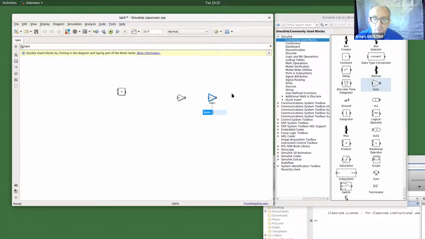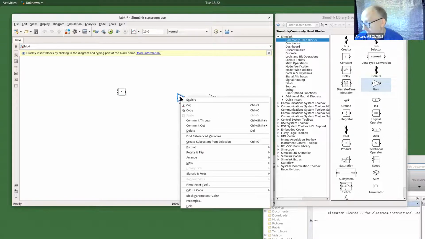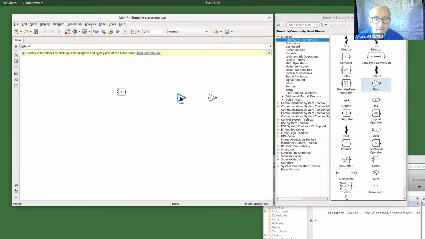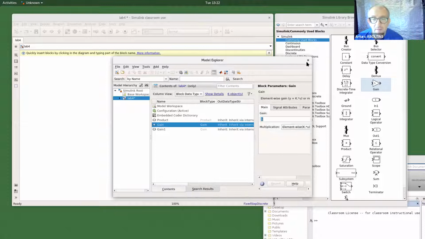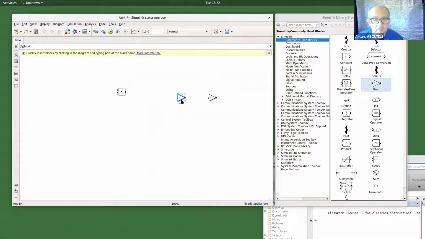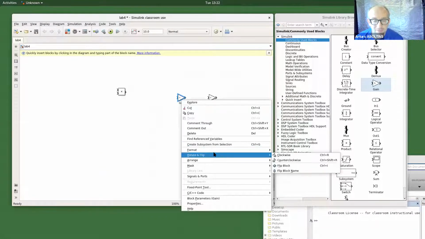So if you wish, you can rotate them. Otherwise you will have a very messy layout. Format, rotate and flip clockwise.